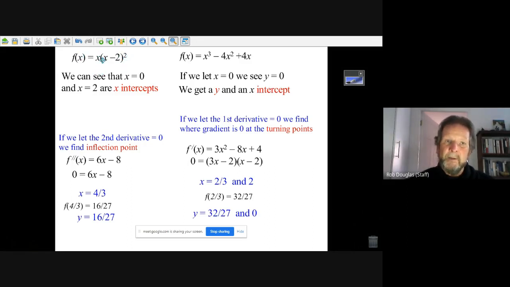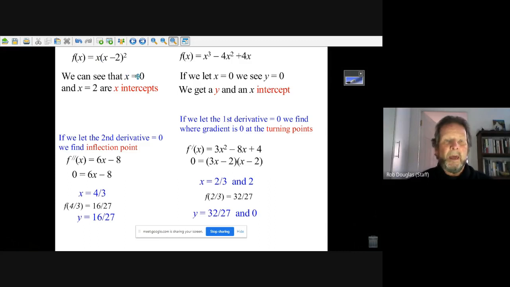If it was given in this form, it's a really nice form for looking at what makes y equal 0. When y is 0, that is going to give you x-intercepts. So you can just look at it and see that if you put 2 in there, 2 minus 2 makes this bracket 0, and 0 times 2 is 0.